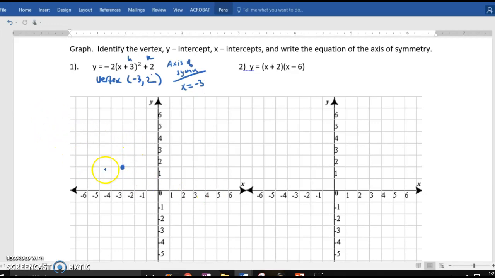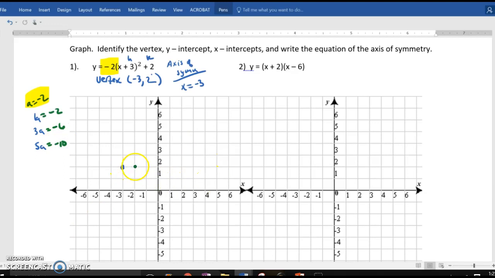Now, to graph this, I can use the steps 1a, 3a, 5a. This will never change. And in this case, a is -2. So 1a would be -2, 3a would be -6, 5a would be -10.